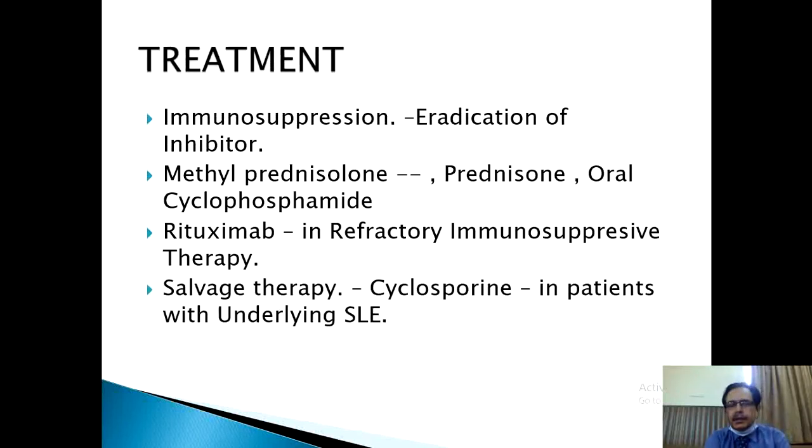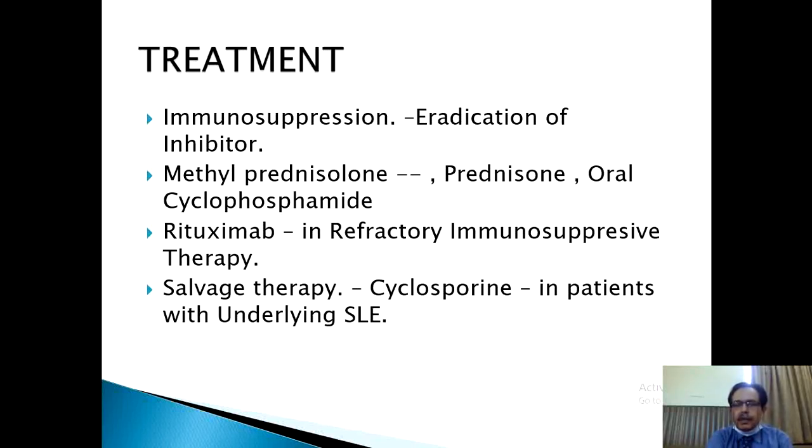Continuing the treatment, you do immunosuppression for the eradication of the inhibitors. The drugs given for immunosuppression include methylprednisolone, oral prednisolone, as well as oral cyclophosphamide.